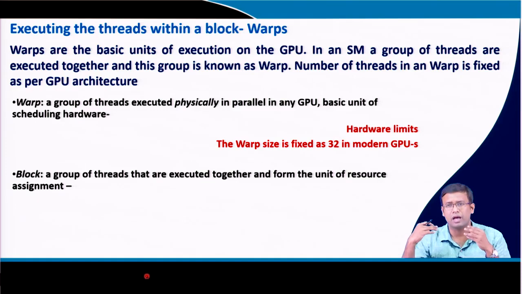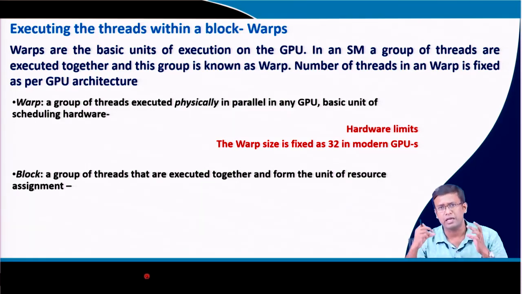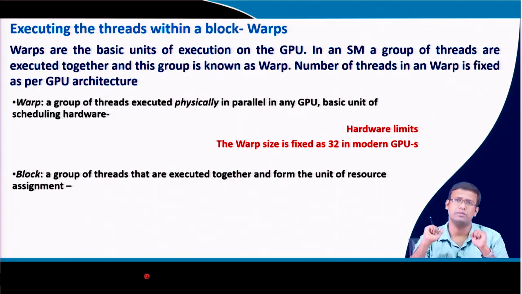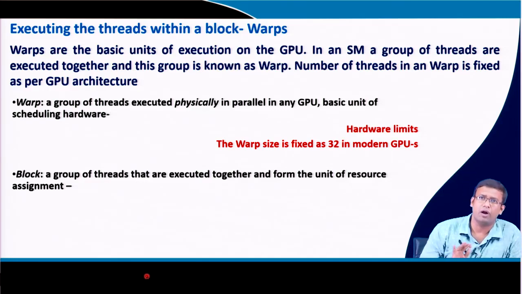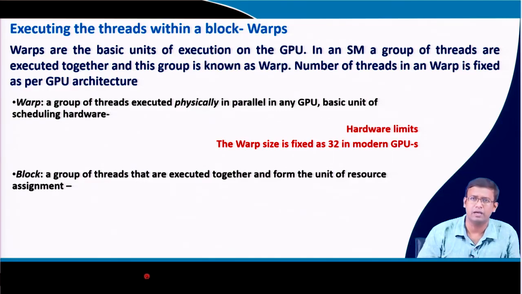Once these 32 threads are launched as a warp, it can pick up the next warp, the next 32 threads, and put them in the free cores of the streaming multiprocessor. There can be certain overlap; we'll see how these overlaps can be done. There can be some dynamic allocation of the warps inside one particular block.